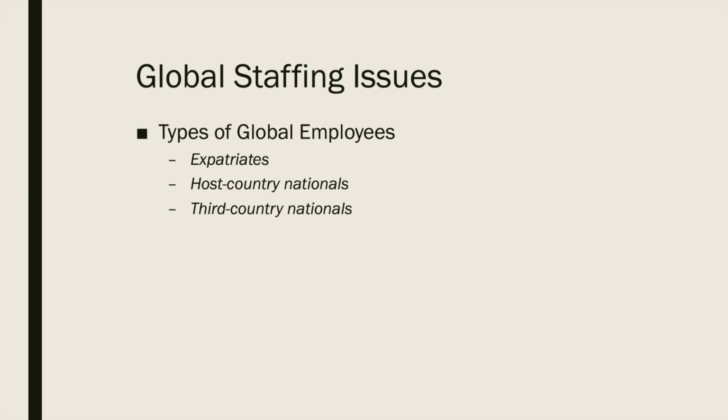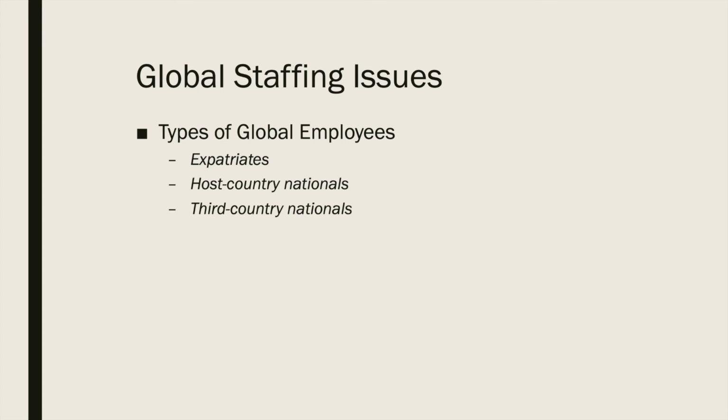Now, one of the last things I want to talk about today is global staffing issues, and that's expatriates. Expatriates are people who, let's say, for instance, they're citizens of America, if we're using America as an example, but your company has gone global and they need you to go overseas to run the operation. Well, at that point, you would be considered an expatriate.